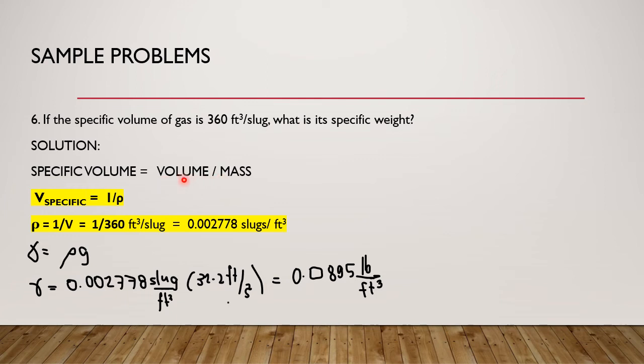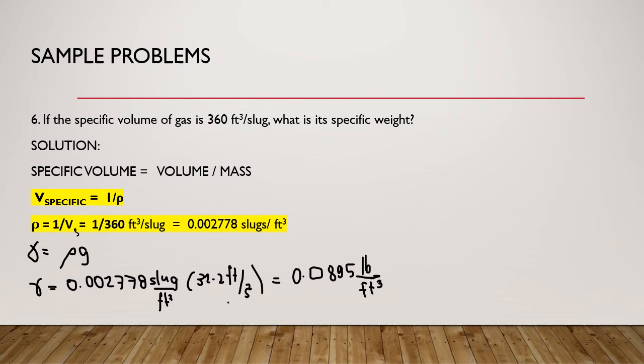Kasi volume over mass, yung mass density, mass over volume. So, therefore, specific volume is equal to 1 over rho, and rho is equal to 1 over v. Itong v na to is v specific. No? So, isulat nga natin, v specific. Ayan.